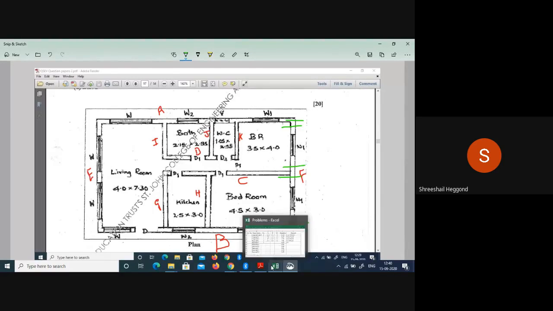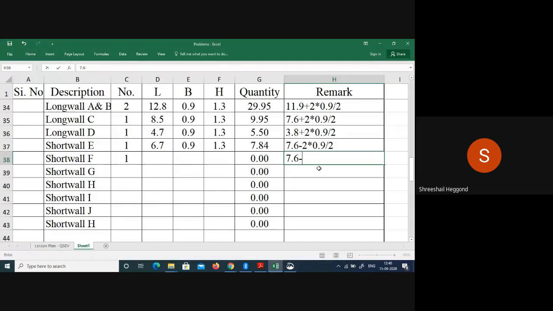Therefore, your quantity calculation will be minus 2 into 0.9 divided by 2 minus 0.9 because of intermediate junction. It will be how much? 7.6 minus 1.8. 5.8 will be length. That is 0.9. Height is 1.3.